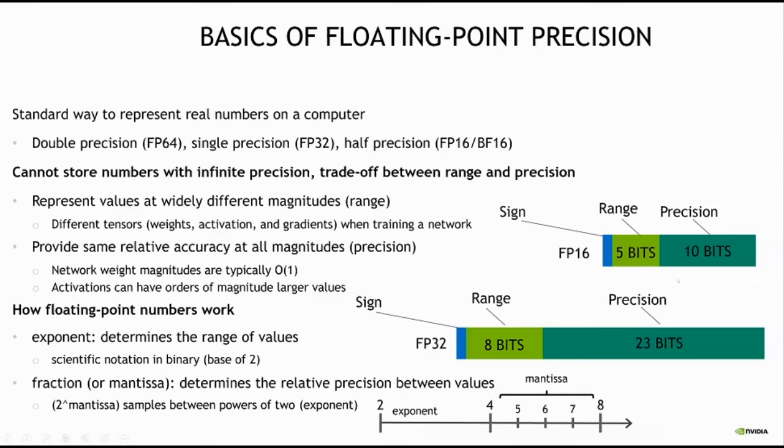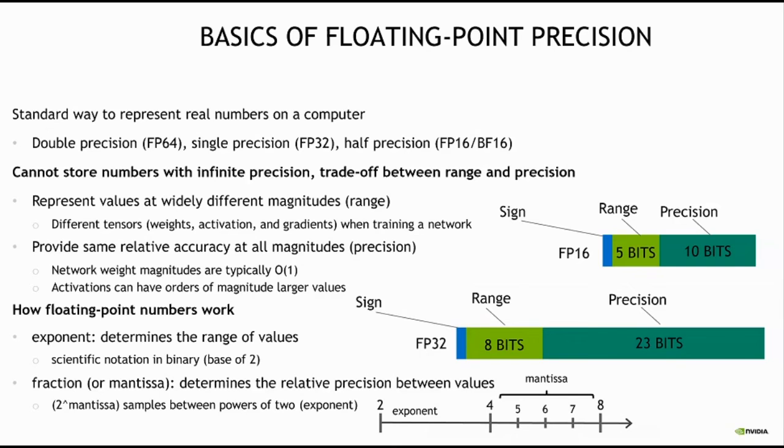And then comes the second part, which is the precision bits, right? Say for example, on a scale you have two consecutive numbers, 1 and 2. How many markings do you have between these two integer numbers?